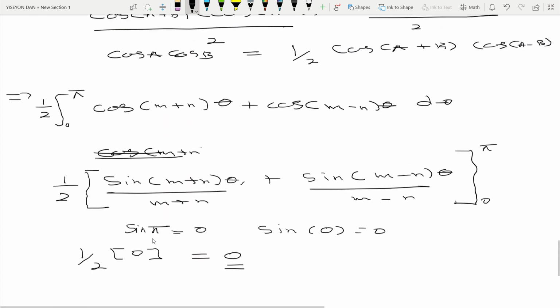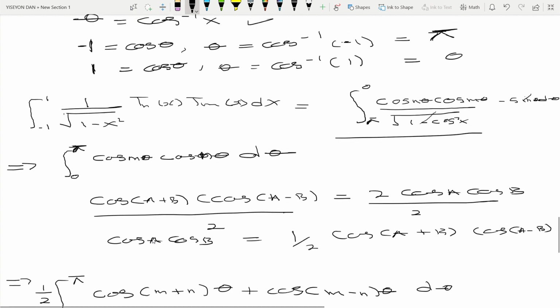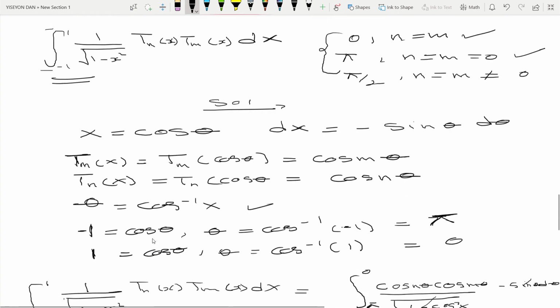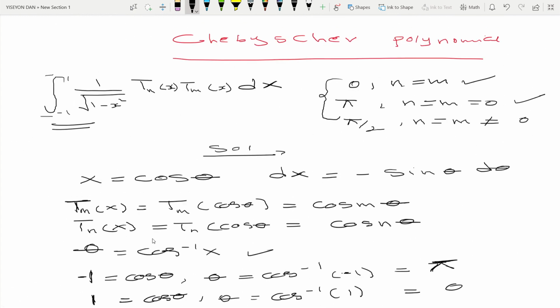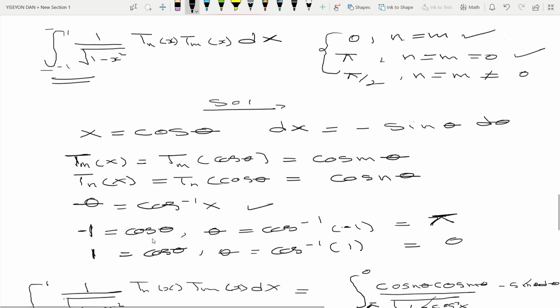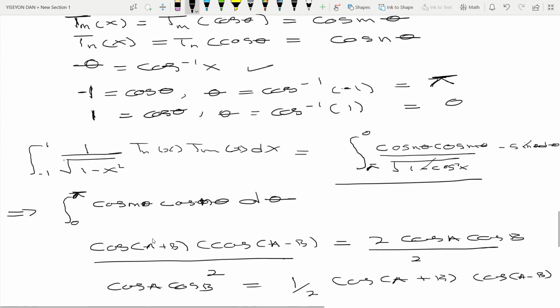So let me quickly scroll so you see that we've proven the first part, when n is not equal to m. Now the second case is when n is equal to m and it is equal to 0. Now look at what we have over here. Let's say this is equation star.